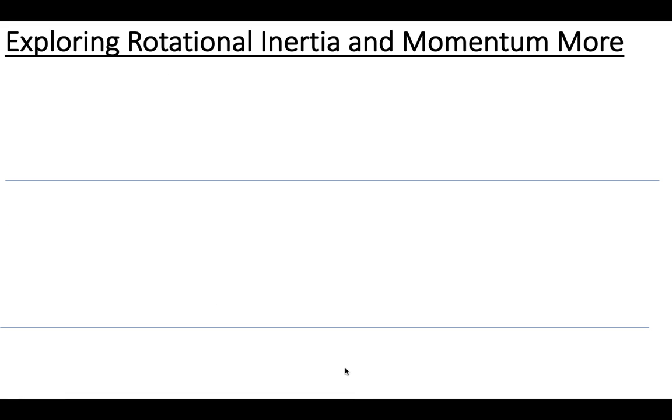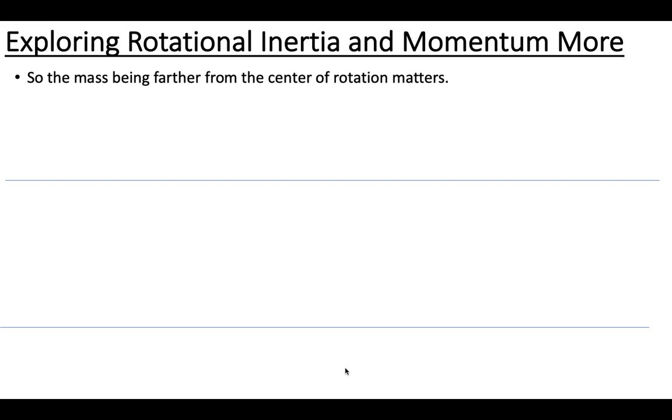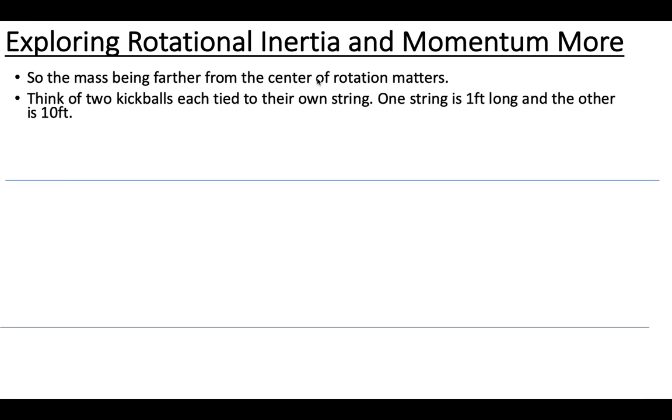Okay, so exploring rotational inertia and momentum a little bit more. So really trying to break this down a whole bunch to really make sure we got the details. So we just said the mass being farther from the center of the rotation matters. If the mass is farther from the center, you have more inertia, at least more rotational inertia.